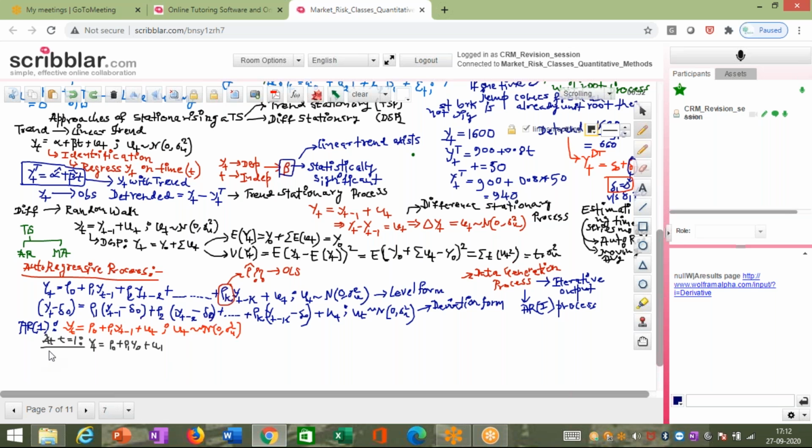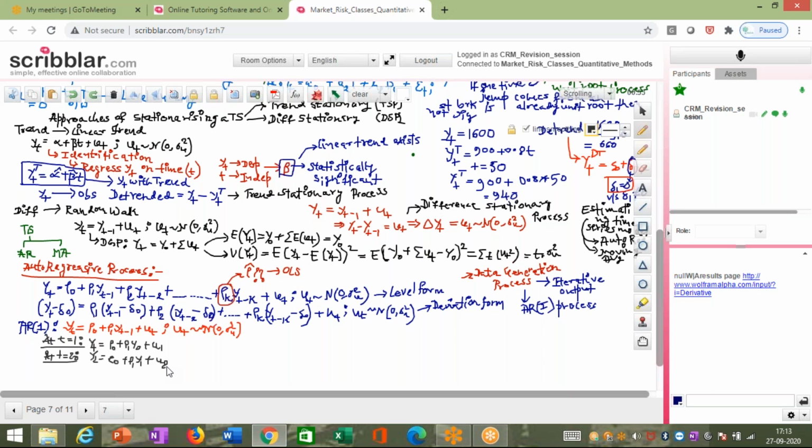Now similarly, if I solve this equation at t equals 2, y2 over here is rho 0 plus rho 1 y1 plus u2.